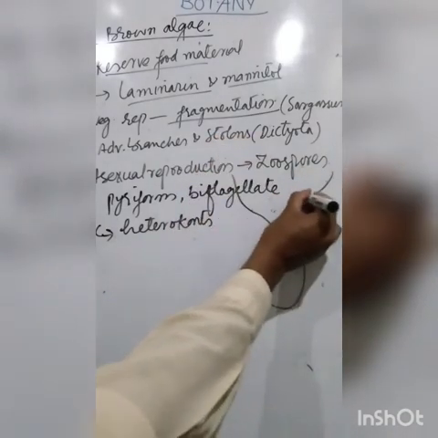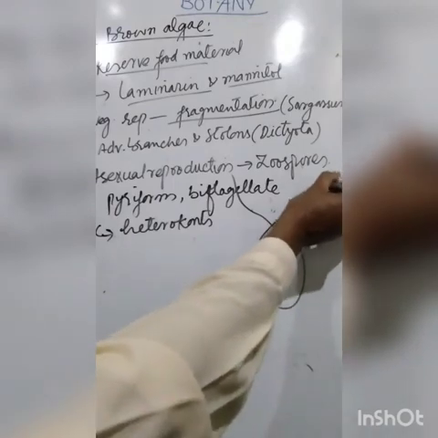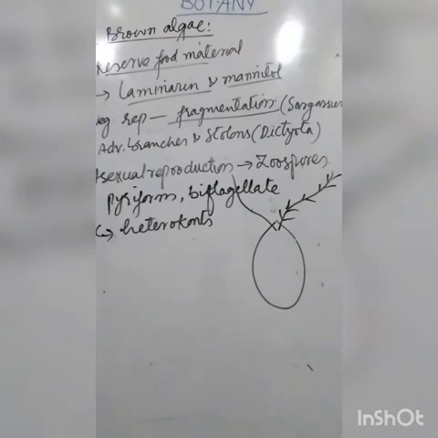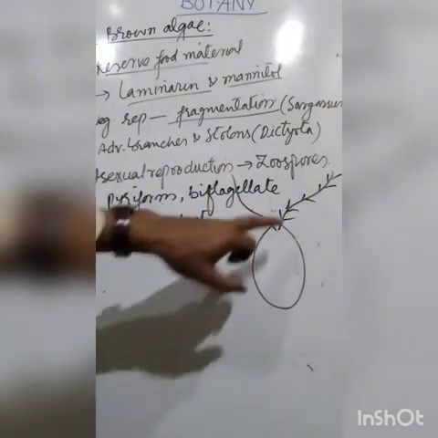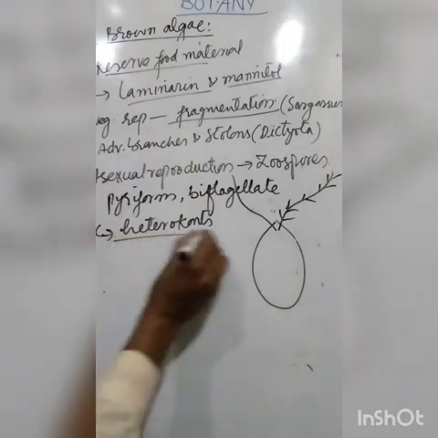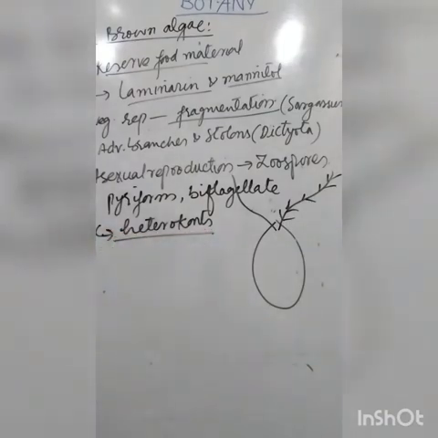One flagellum is smooth, that is called the whiplash type, and the other is the tinsel type that has small hair-like structures. So it is called heterokont. Heterokont means it has two flagella, but the flagella are of two different types.